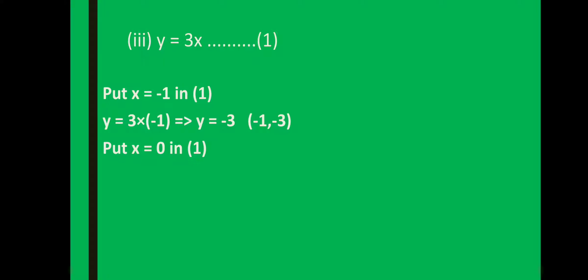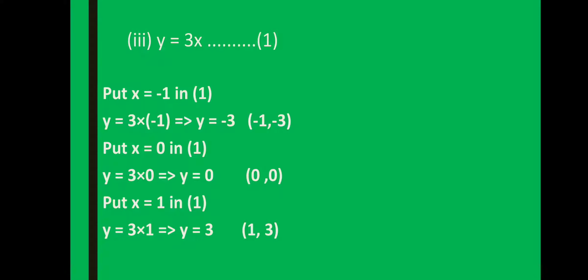For the second point we will put the value of x is equal to 0. Then we will get the value of y is equal to 3 multiply 0, that is 0. So the second point is 0 comma 0. For the third point, that is the third solution, we will put the value of x is equal to 1 in equation 1.